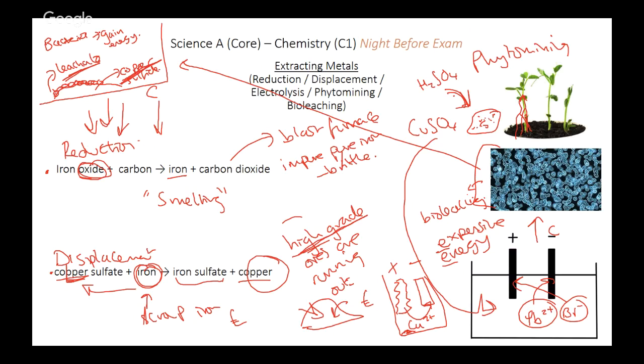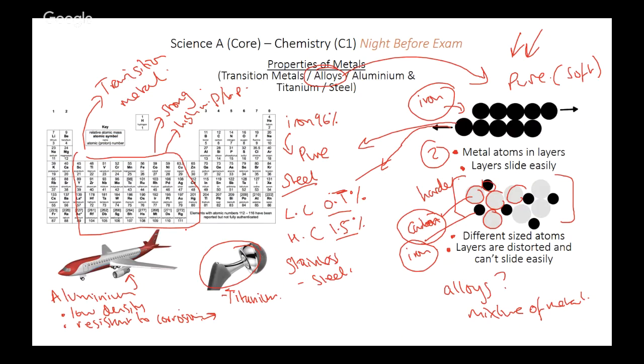Okay, just going back to the metals very quickly, a question on the differences between aluminium and titanium. They have very similar properties in that they have low density and are resistant to corrosion. Those are the properties that make them really useful. But this one is just less strong compared with aluminium.